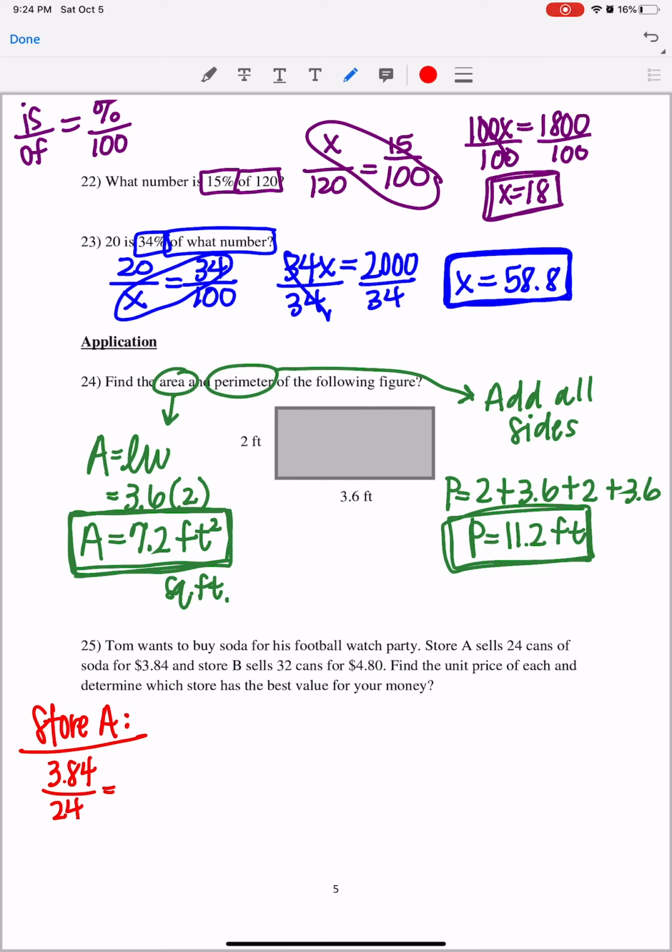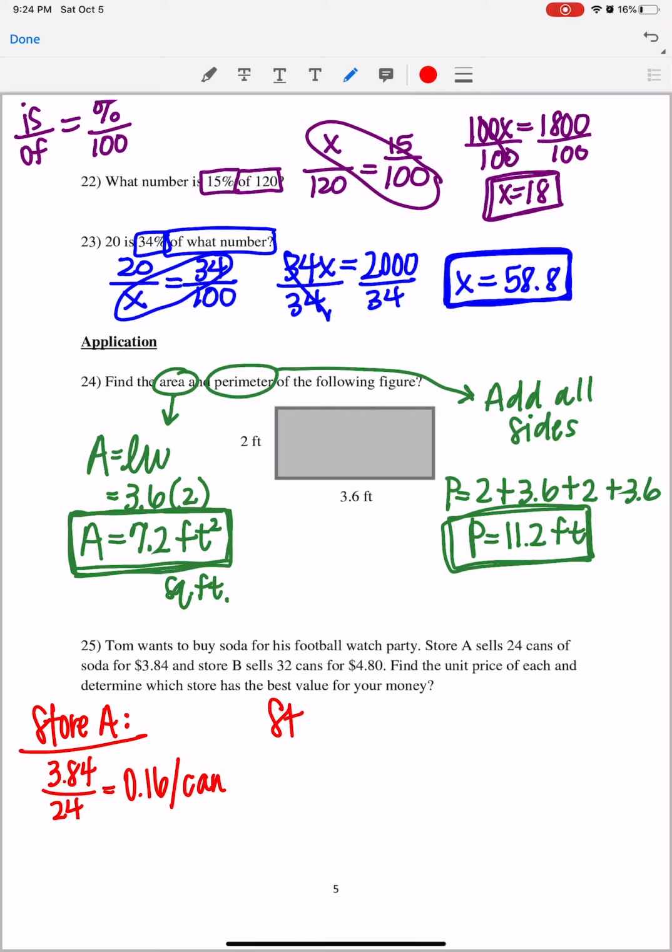Put that in your calculator. And again, it doesn't tell us how to round, so let's go to 2 decimal places. And actually this one comes to 2 decimal places. We're going to get 0.16. So you're paying 16 cents per can.